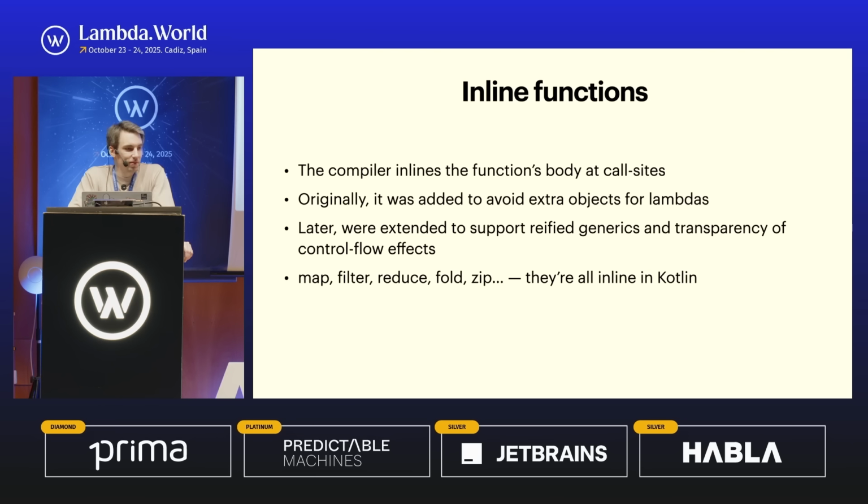Later we understood that this can also support reified generics. We introduced transparency for control flow effects and so on. So today, if you take a look at Kotlin's standard library, not all, but most functions like map, filter, reduce, some utility functions, are all marked with inline, so that when we introduced suspend functions in Kotlin, we didn't have to change half of our library or produce overloads so that they can work with suspend functions.